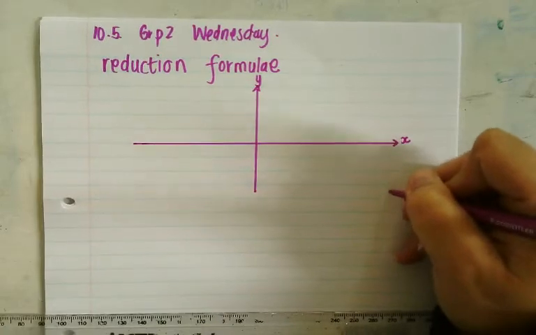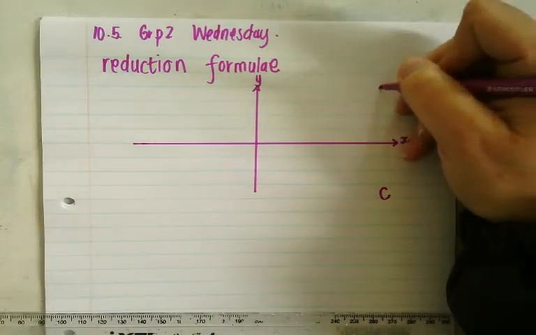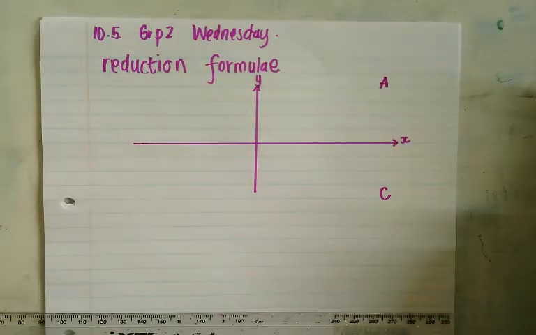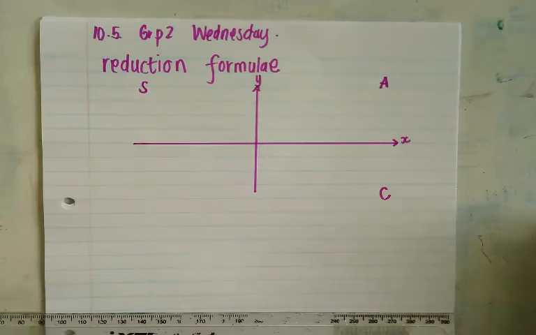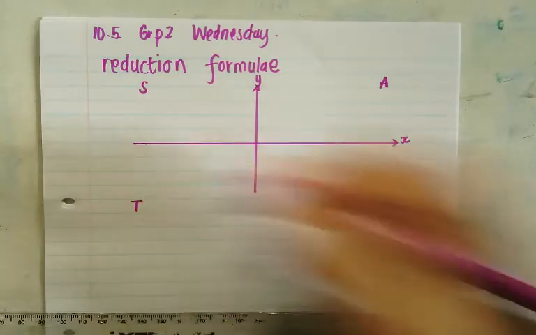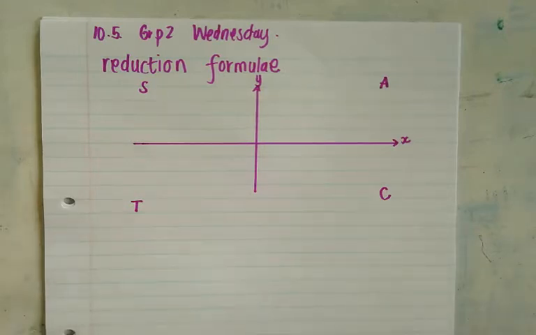Cast means that this 4th quadrant has cos positive, 1st quadrant has all 3 positive, 2nd quadrant has sine positive, and 3rd quadrant has tan positive. So that is what I mean by cast diagram. I know which functions are positive in which quadrants.